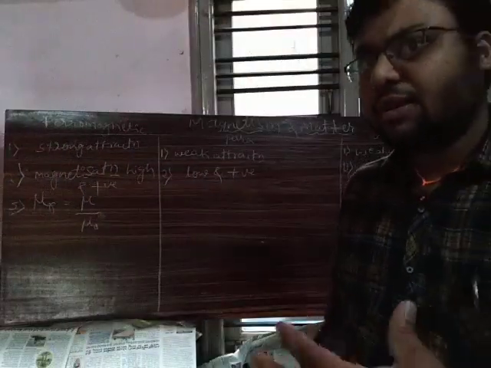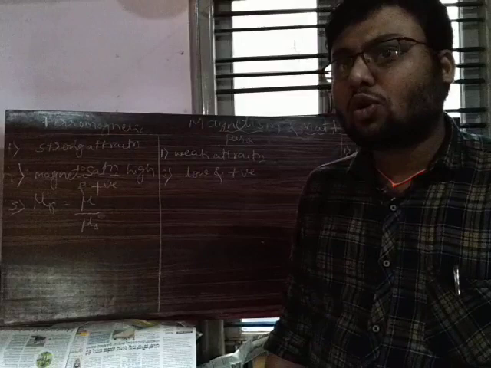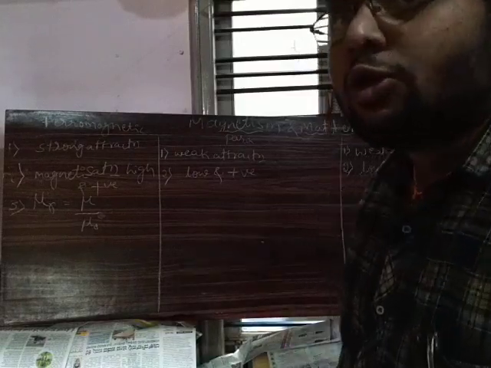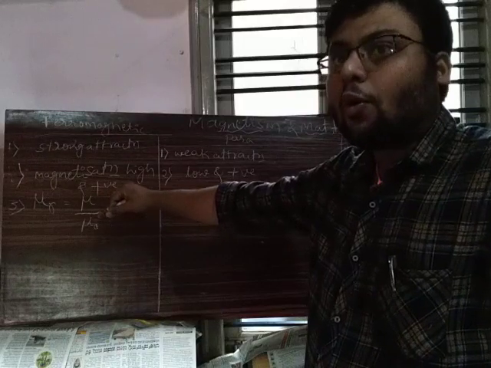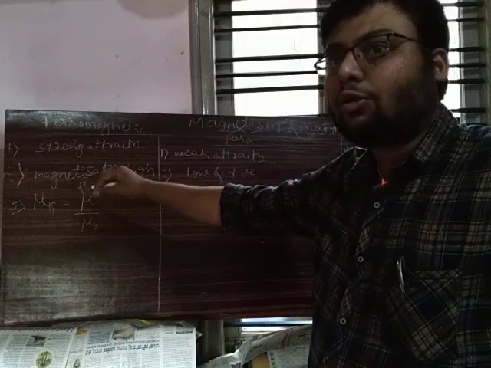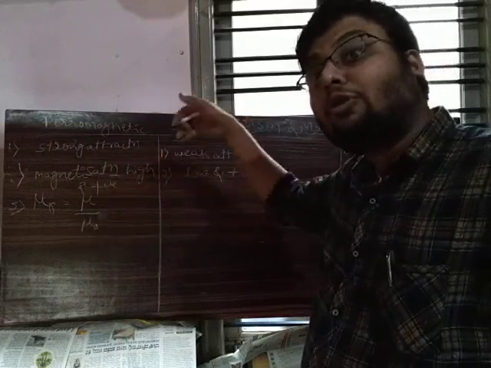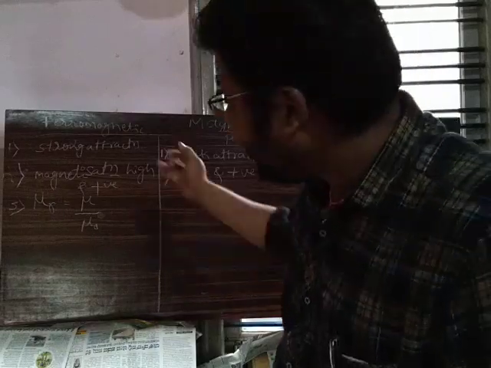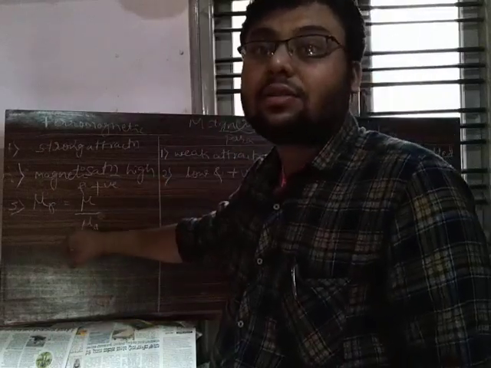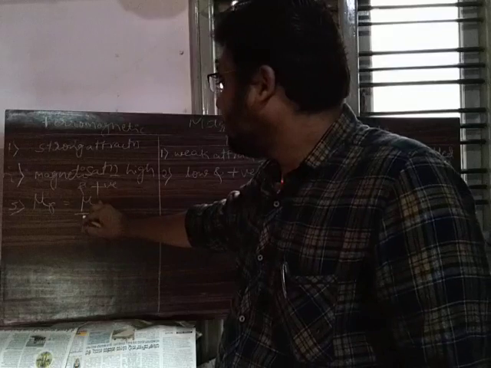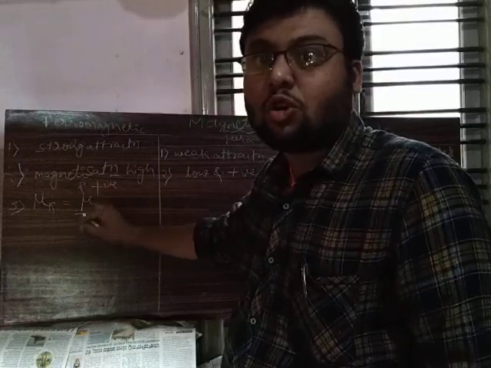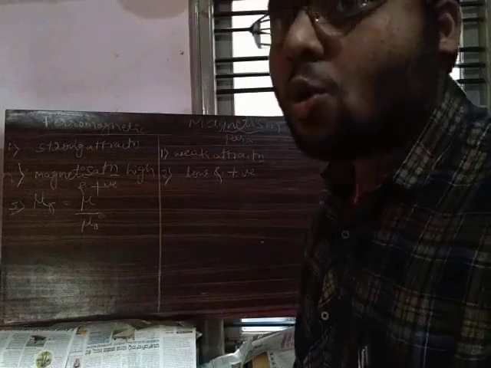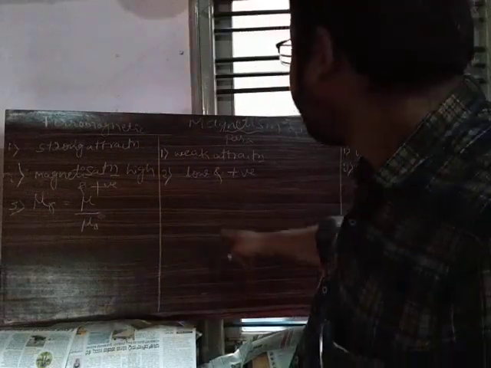Permeability is the ability or capacity of the medium to allow the magnetic field lines to pass through them. So if more field lines pass through the ferromagnetic material rather than the free space, then what happens? Numerator will be large, denominator will be least. Then the ratio will come much more than 1, right?